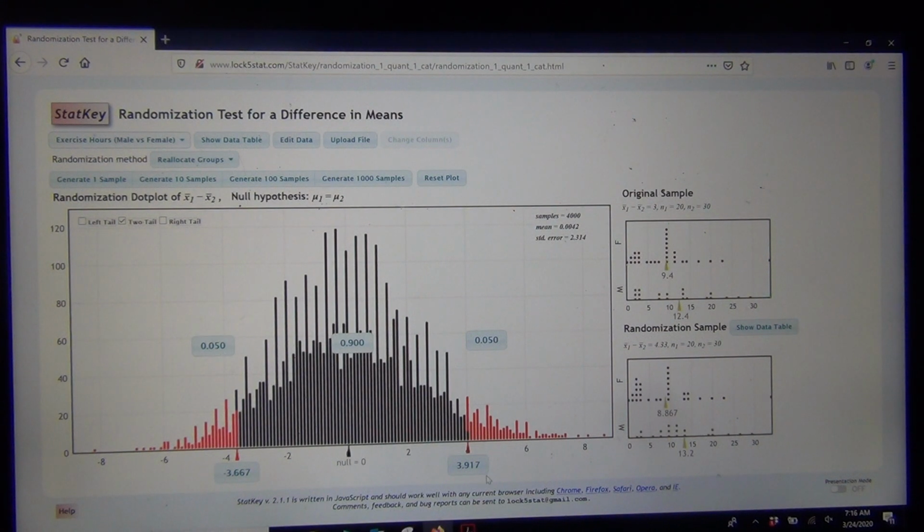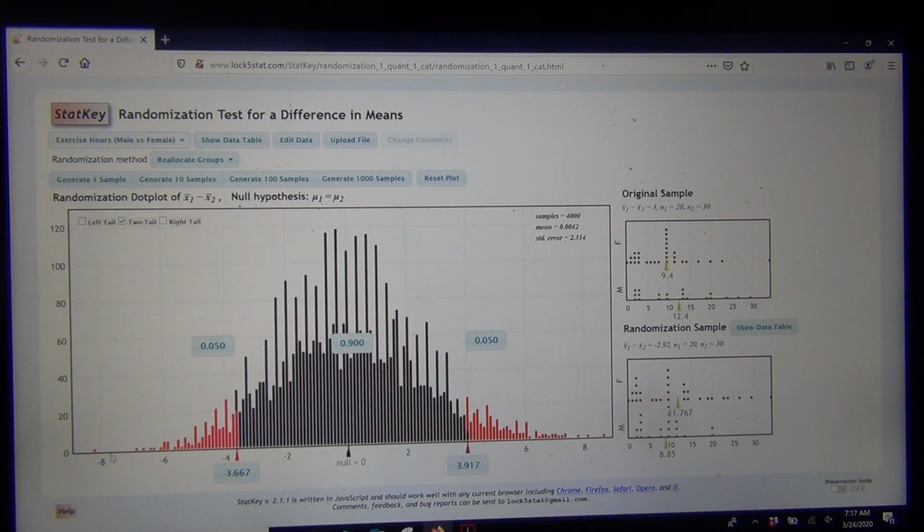Now this tells us where the tails start. So the sample difference, we want to know if the sample difference in this problem was 3. This was doing male minus female. So male was group 1, female was group 2. So the computer thinks any difference bigger than 3.917 or lower than negative 3.667 would be significant.